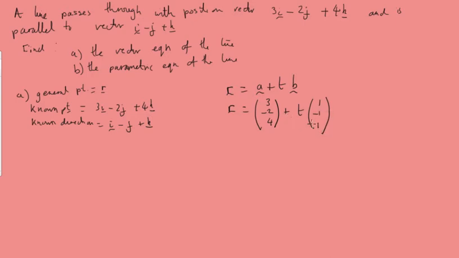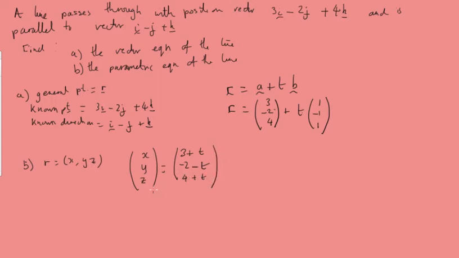So we've written this as the column vector, and now we want to find the parametric form. So r is just (x, y, z). So we'll have our (x, y, z), and then this is just 1t, so 3 plus t, then minus 2 minus t, then 4 plus t.